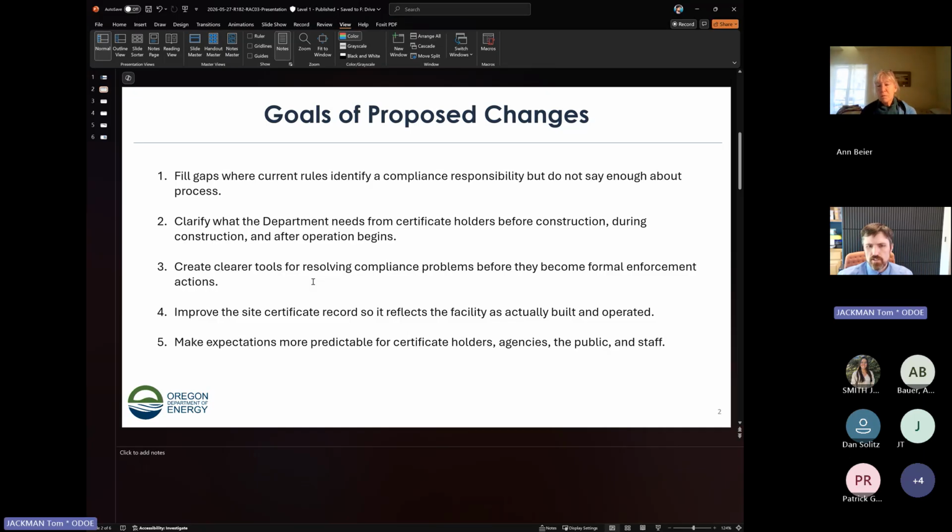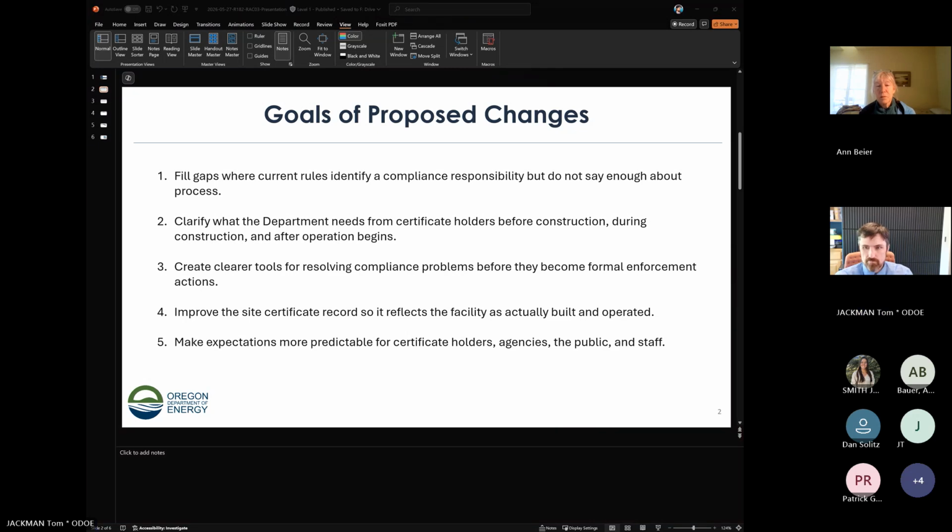The fourth goal is improving the site certificate record. We've had various issues with keeping that updated and not really having a process for doing that. And then there's making everything more predictable, with a clear process for the whole life cycle of the compliance process.